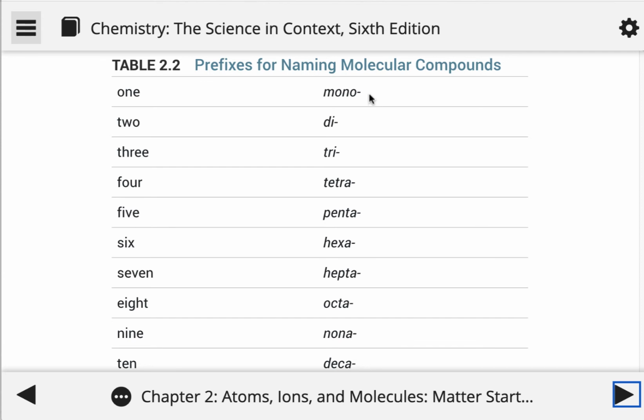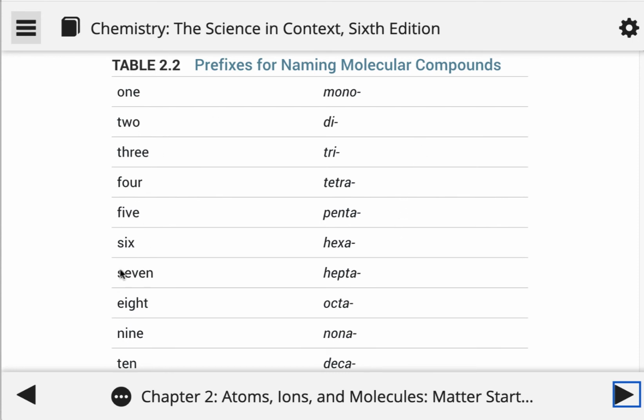So we've already seen 1, which added a prefix of mono. 2 is di, 3 is tri, and then we go tetra, penta, hexa, hepta, octa, nona, deca. So these should be reasonably familiar if you've ever studied Greek and Latin roots in class earlier. And they also mimic things like pentagon, hexagon, etc. So they should not be totally unfamiliar to you.